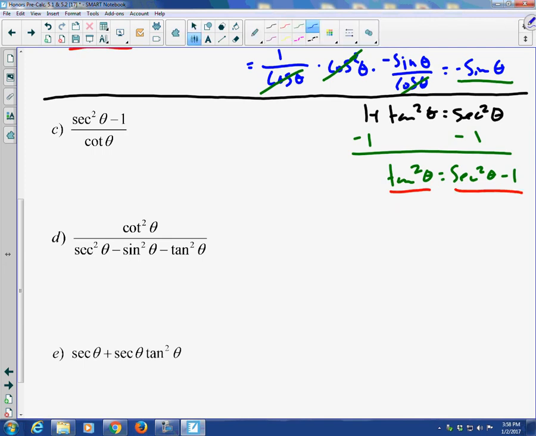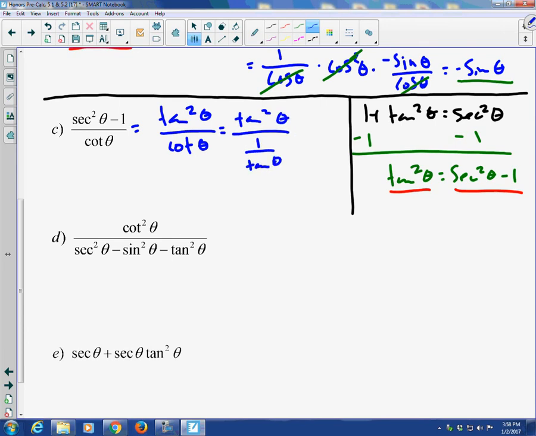And right here I'm going to have tan squared theta over cotan theta. Now at this point we could change everything to terms of sine and cosine, but we know that tan and cotan are reciprocal trig functions. So instead of changing everything to sine and cosine, I'm going to take a little bit of a shortcut, and I'm going to write that cotan in the denominator as 1 over tan theta.